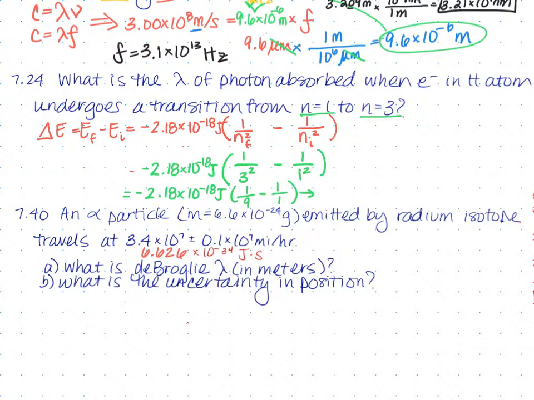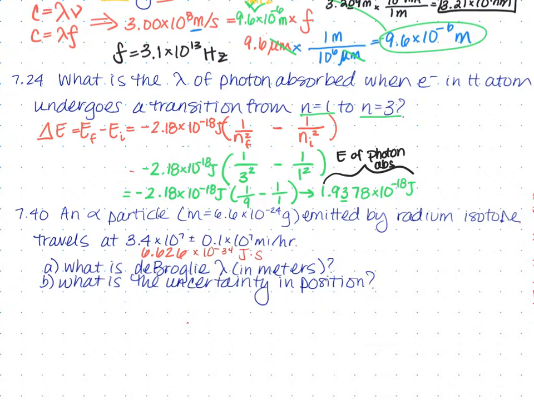This will then give you 1.9378 times 10 to the negative 18 joules, because what was in the parentheses had no units. This corresponds to the energy change of the electronic transition, or the energy of the photon absorbed.